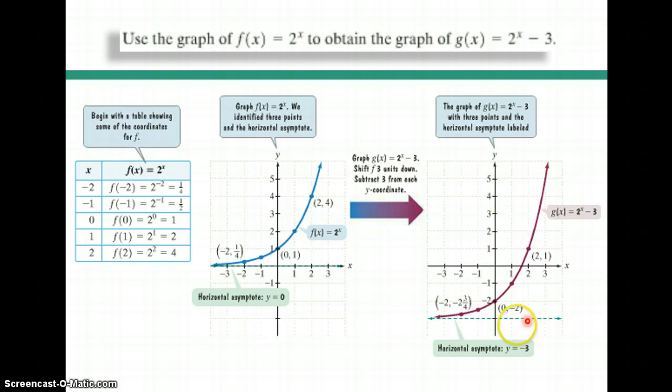This is the graph of exponential function 2 to the power x minus 3.